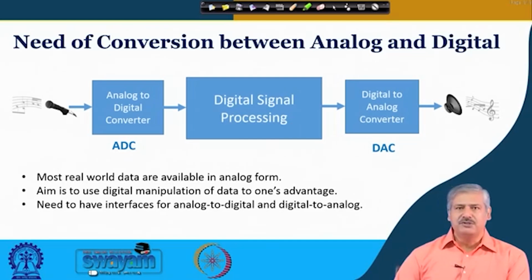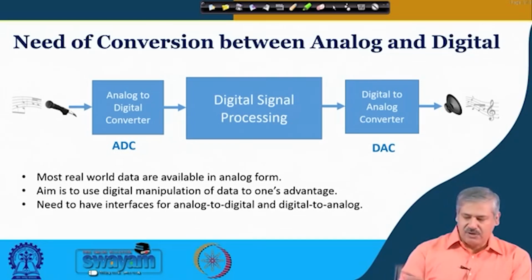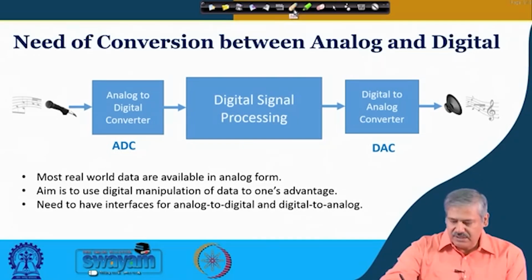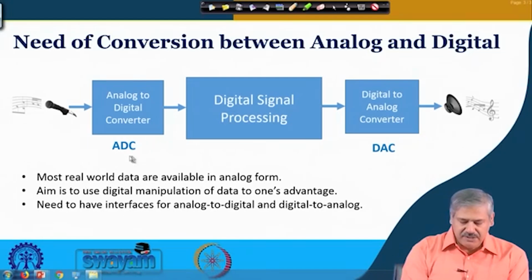What is important is that we should be in a position to convert an analog signal to a digital signal, for which we need something called an analog to digital converter, in brief called ADC.